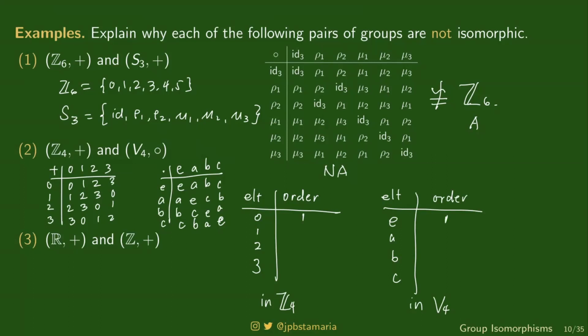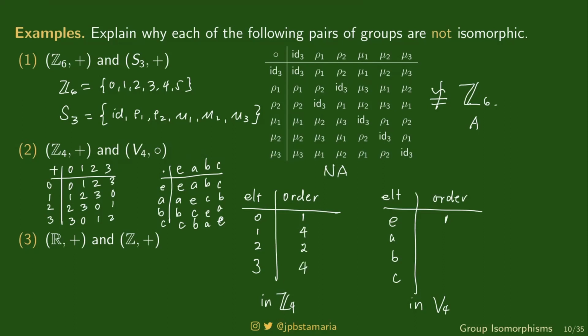Ang 1, order 4 pala. Kasi kailangan mo ng 4 na 1 para maka-0. Anong order ng 2? Order 2. Kasi kailangan mo ng dalawang 2 para maka-0. Anong order ng 3? How many 3s do I need to get 0 back? Very good. 4 ang minimum na kailangan ko.